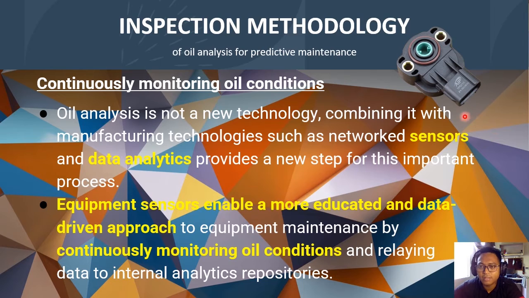For example here, we have this TPC sensor. The TPC sensor is used in vehicles, and its job is to control the usage of oil, petrol or diesel. This sensor also can give us an indication if an engine is having a problem.